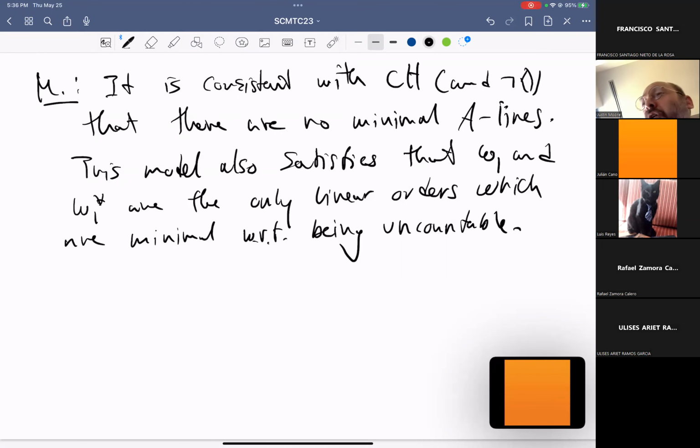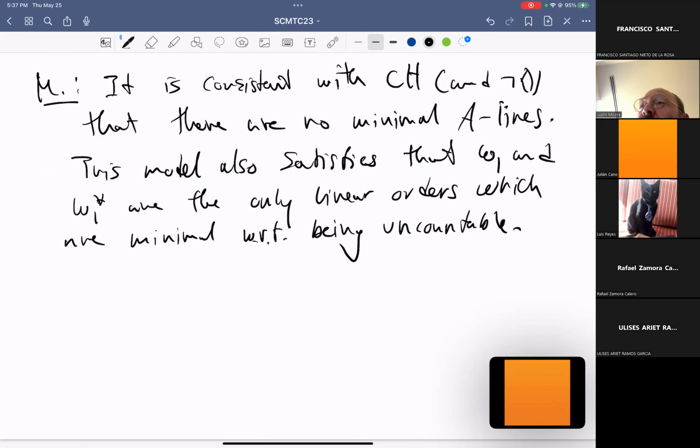And you can wonder, is there a ZFC example of a minimal uncountable linear order, which is something other than just the trivial ones, omega 1 and its reverse? And by Dushnik and Miller, they can't exist. There are no real types which are minimal in the presence of CH. But if you work a bit harder, you could actually get rid of the minimal Ehrenstein lines.